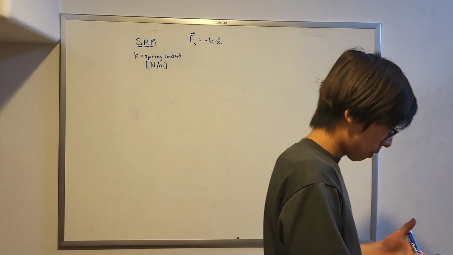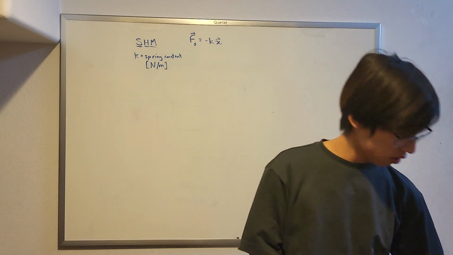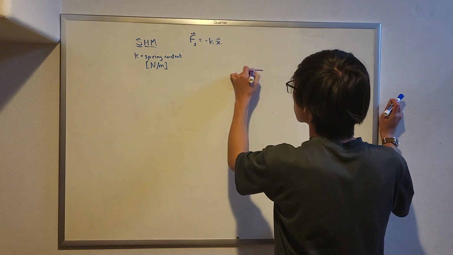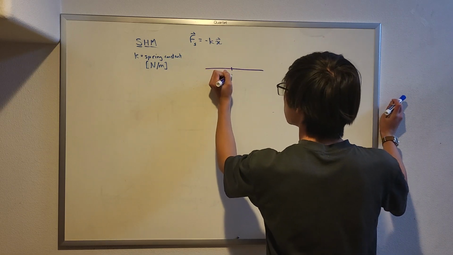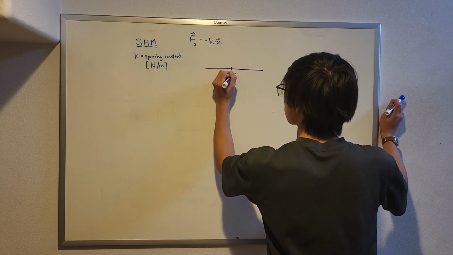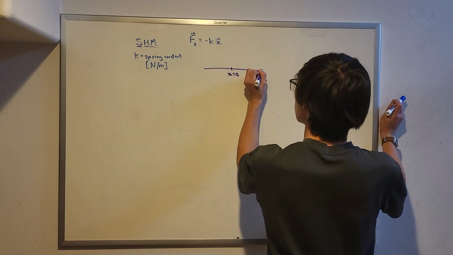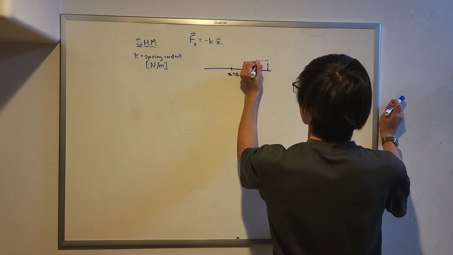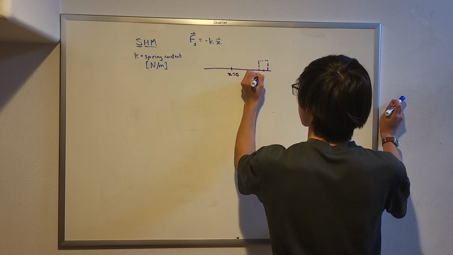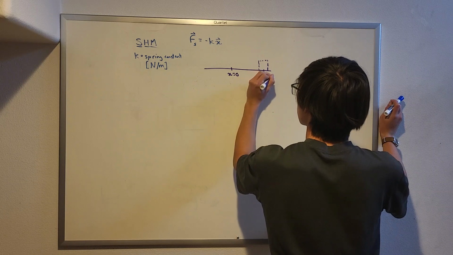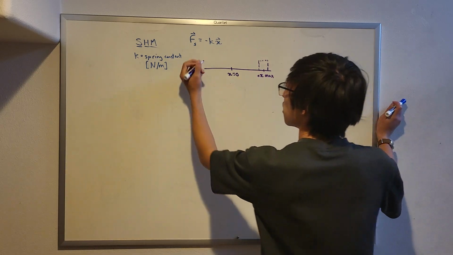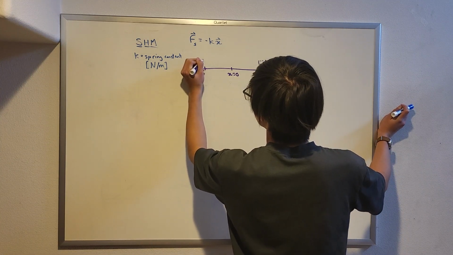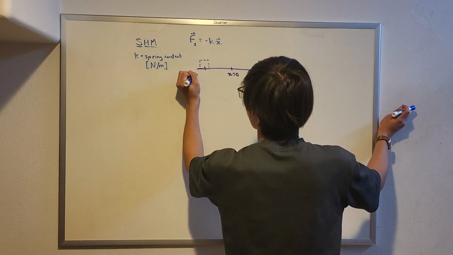So if I just switch to my purple marker here, if we have this diagram, let's call this middle position x equals 0, so displacement is 0 at the equilibrium. Then we have some maximum position that the block can be at, which we'll call x maximum positive, and some minimum position, which is negative x maximum.